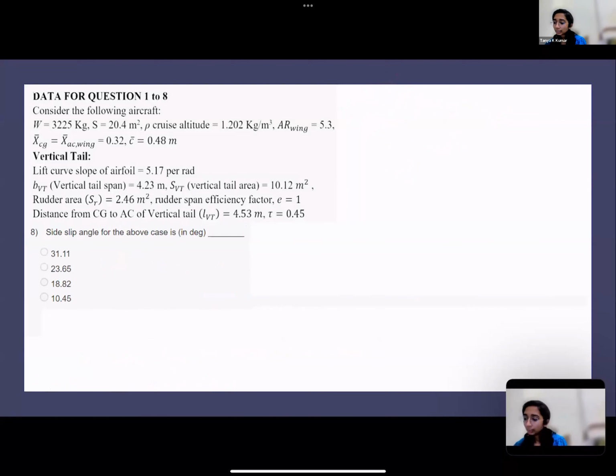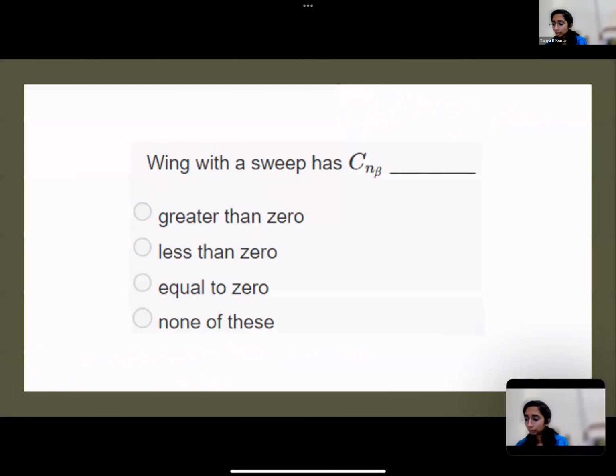Side slip angle for the above case. We just found out. How much was it? They've asked you beta basically. We just found out, 18.82. Correct. That was fairly simple. Next question. Wing with a sweep has Cn beta.